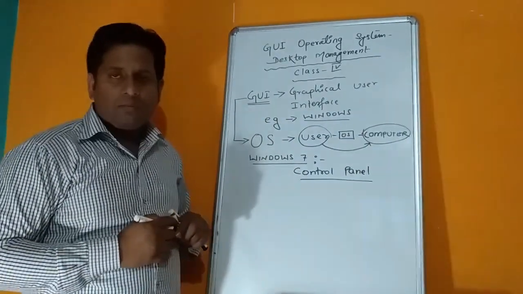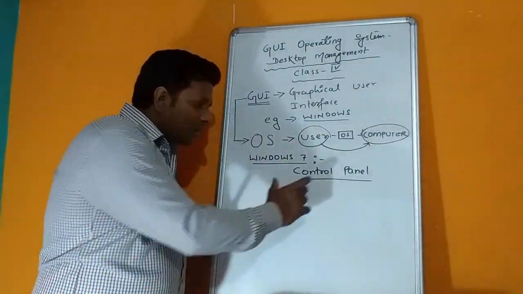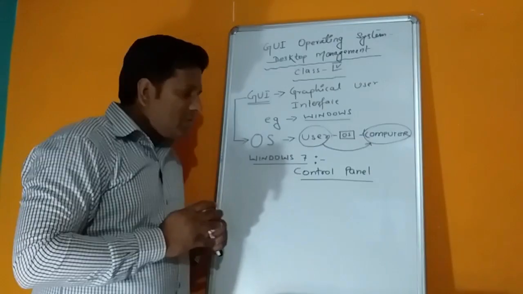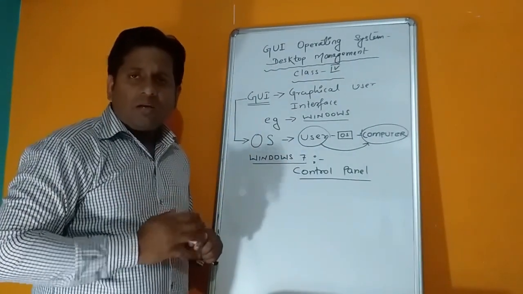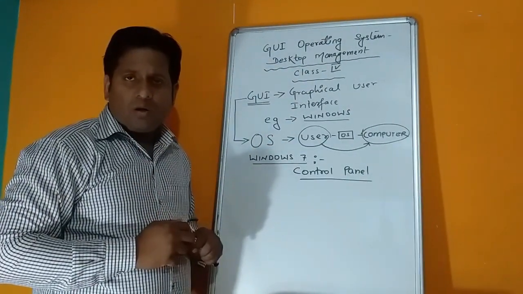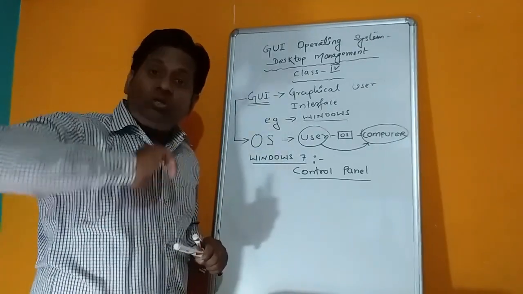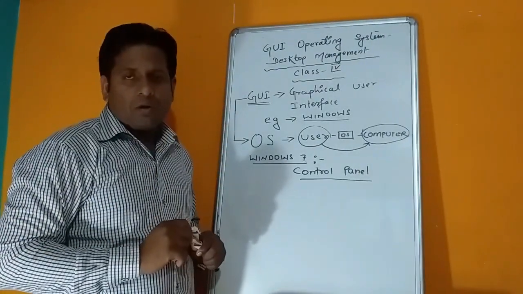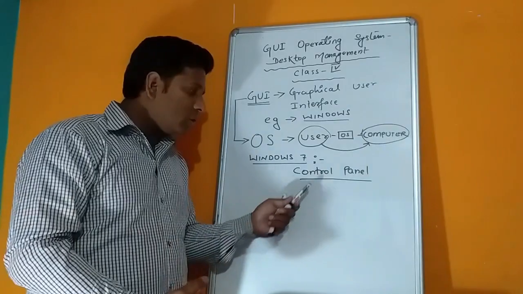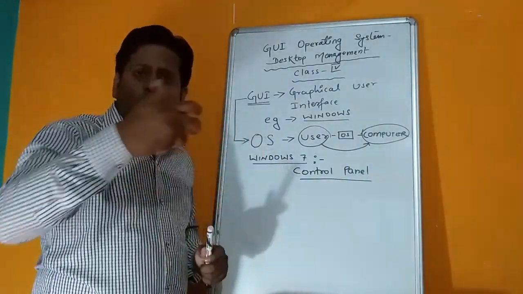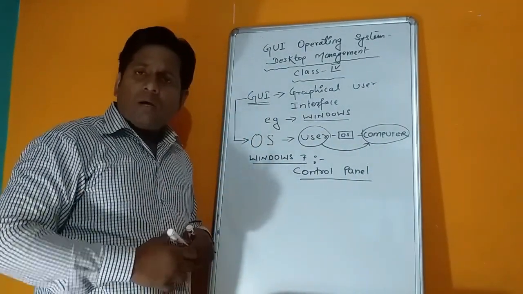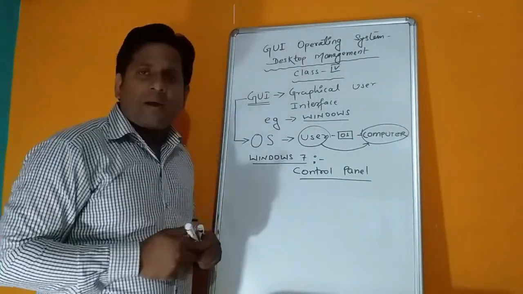See children, it has control panel. That means the work of the control panel is to control the functions. Now what kind of functions? The user interactive functions. If you're installing software, you need the control panel. If you're uninstalling software, you need the control panel. If you're changing the settings, you need the control panel.